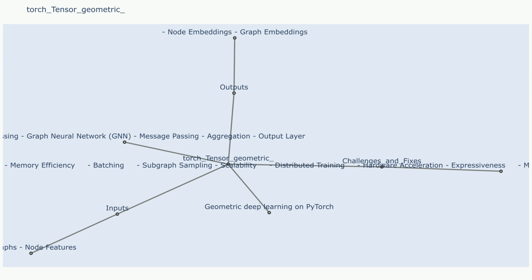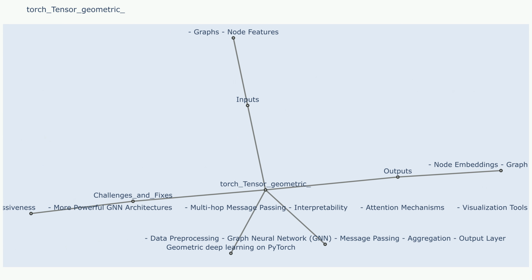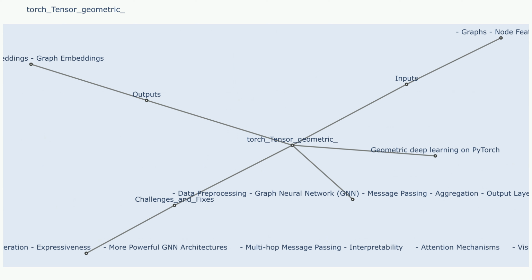L1 and L2 regularization can help prevent overfitting by penalizing large model parameters. Dropout: Randomly dropping out neurons during training can help prevent co-adaptation of neurons. Early stopping: Monitor the model's performance on a validation set and stop training when performance starts to decrease.